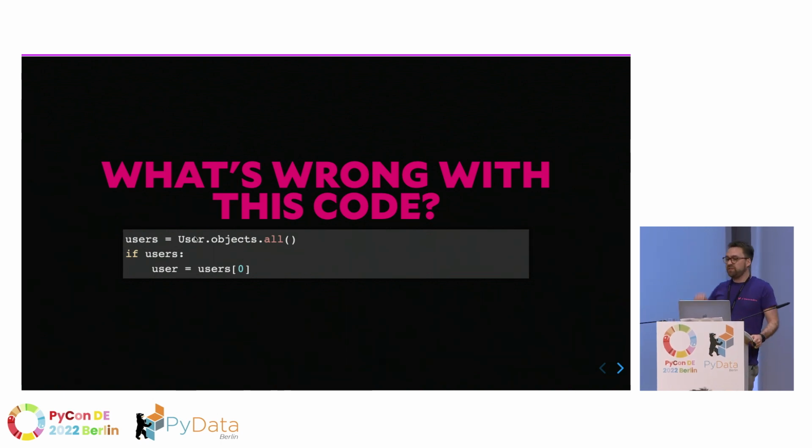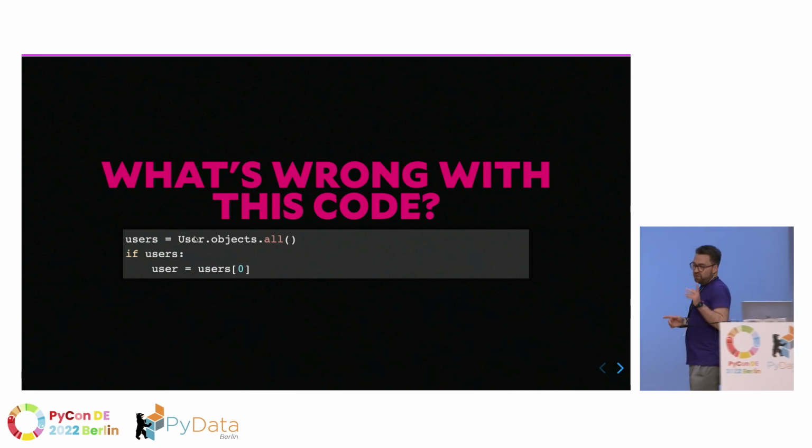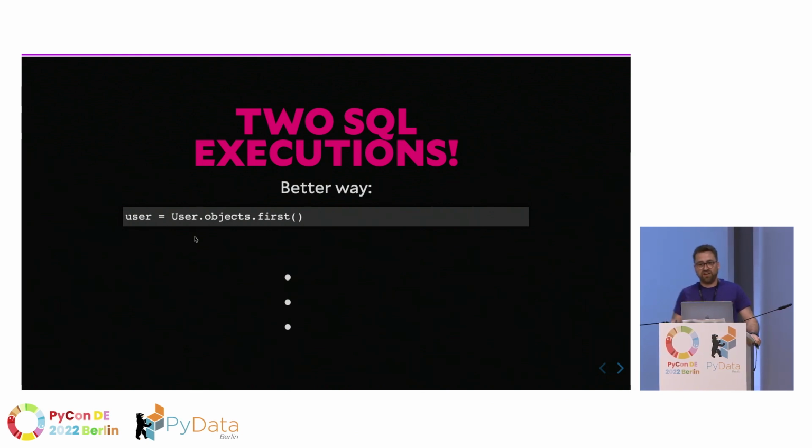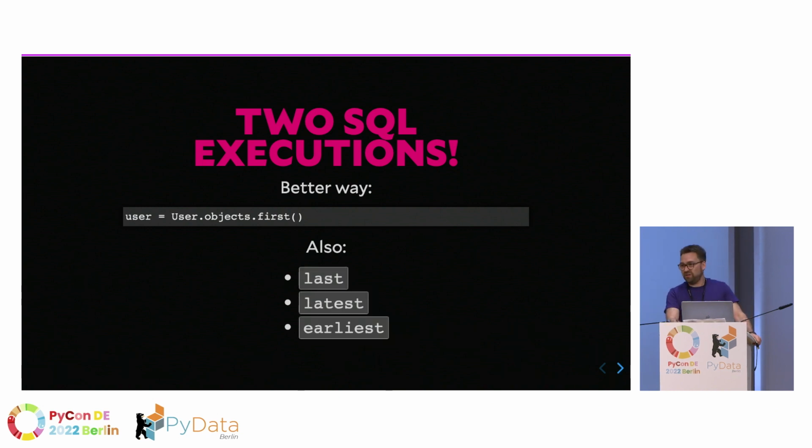Actually, this one gives you, additionally to the problem you mentioned, also two queries, because the square brackets cause Django to perform another query, including a limit condition. So the better variant would be to use the first method. And Django wouldn't be Django if it did not have, besides the first method, also last, latest, and earliest.